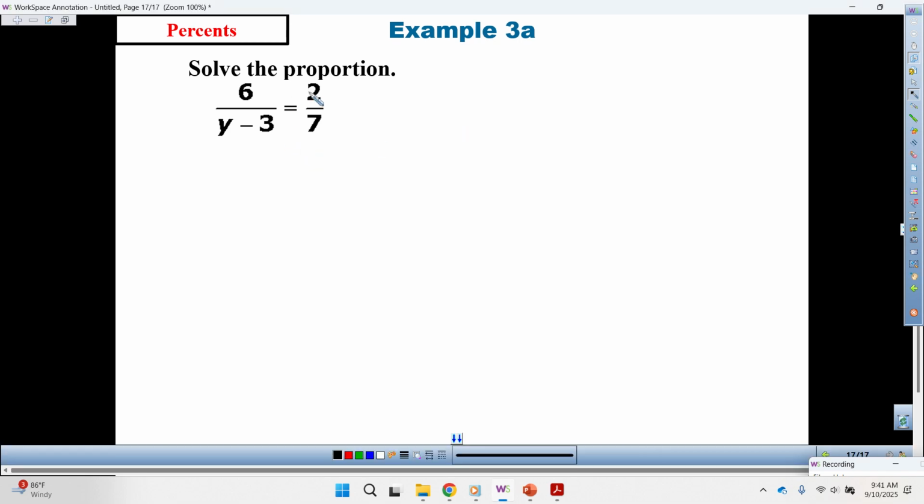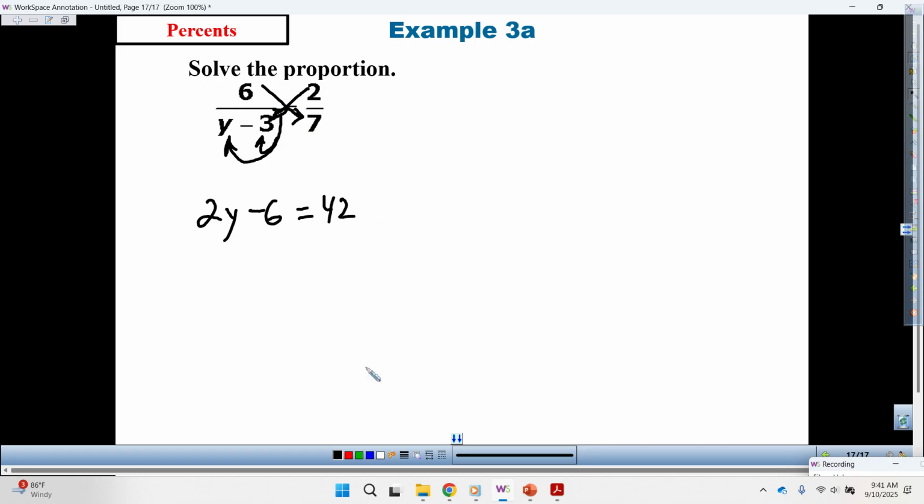I always start with the variable, so the 2 is going to multiply down over here, but now it's got two terms, which means I need to multiply times both. 2 times y is 2y. 2 times -3 is -6. Equals 6 times 7 is 42. Let's leave the y by itself, so we add 6. 2y equals 48. Last but not least, divide by 2, divide by 2, y equals 24.